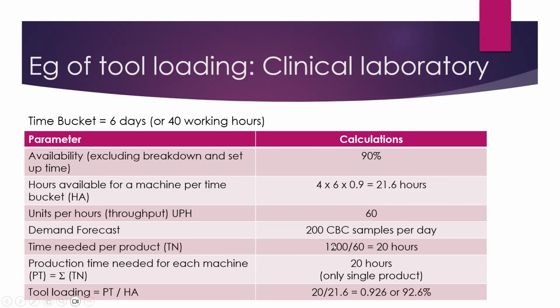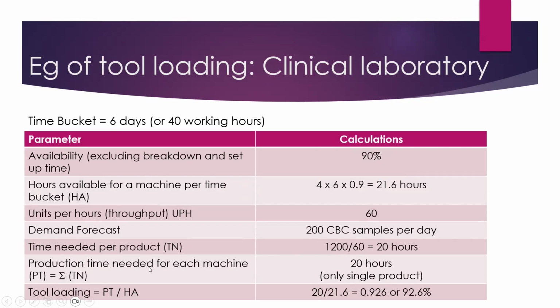That is, 200 per day multiplied by 6 days, because the time horizon here, or time bucket, is 6 days. So in 6 days, we will be getting a 1200 CBC demand. We divide it by the units per hour. So we need 20 hours to fulfill this demand of 1200 in a period of 6 days.